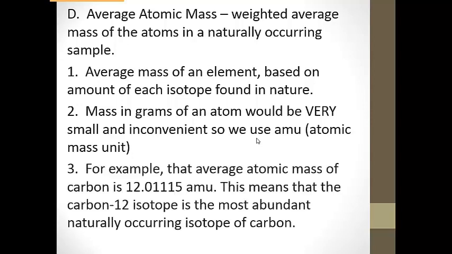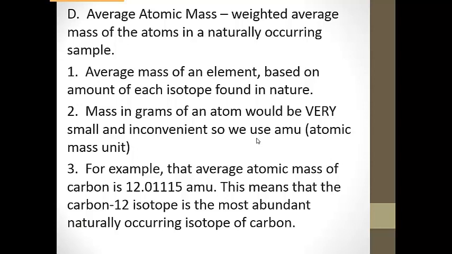Let's say that, for example, we have an average atomic mass for carbon. On your periodic table, we have 12.011. We can carry that out a little bit further. And so we know that that's an average because we definitely have some decimals there. So it's several different types of carbon that we have averaged together to get that mass.